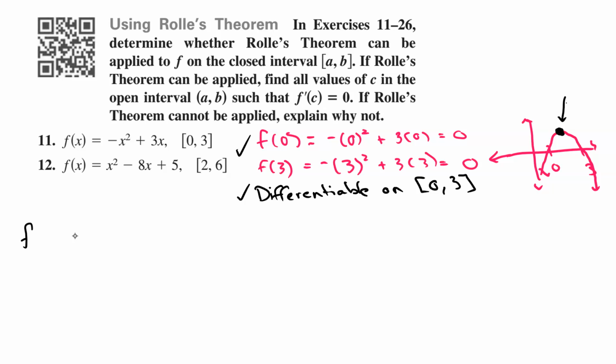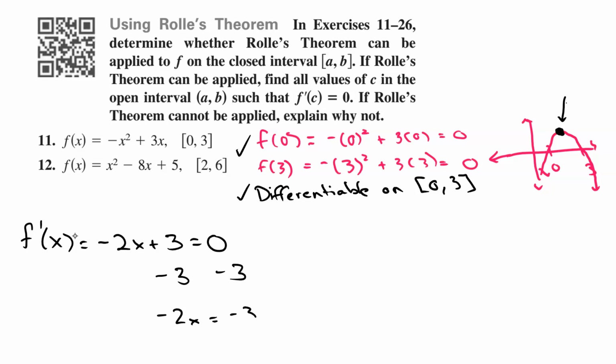So let's find our derivative. Our derivative is going to be negative 2x plus 3. And we know that there has to be a spot where that equals 0 on our interval, so we solve it. So x equals 3/2.